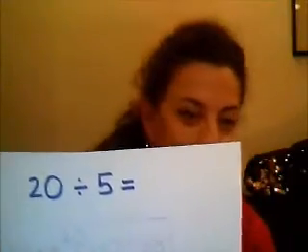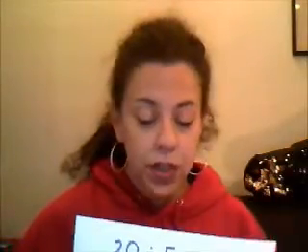Let's be sure. I'd like you to start by casting your mind back to the very first video in this series, where we looked at what division actually means. We started with a really easy division, 20 divided by 5. And there were different ways of looking at that division.